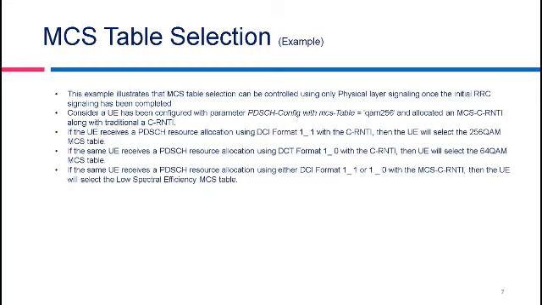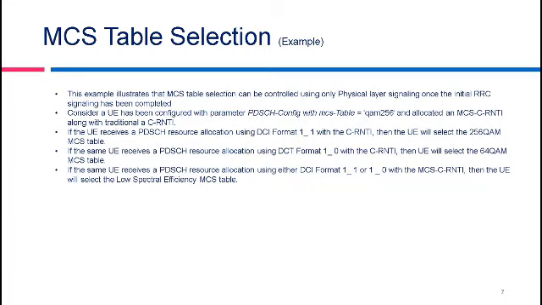Let's now discuss MCS table selection with an example. In this example, we will see how physical layer signaling can control this MCS table selection once initial RRC signaling has been done.